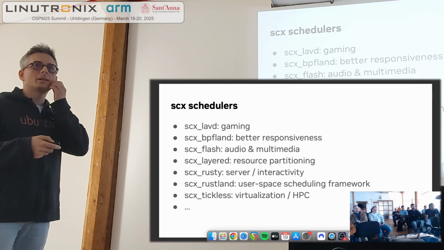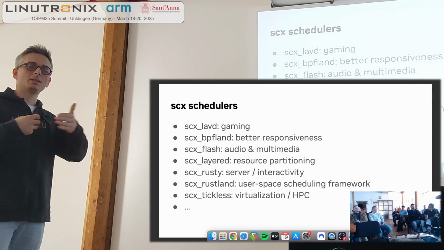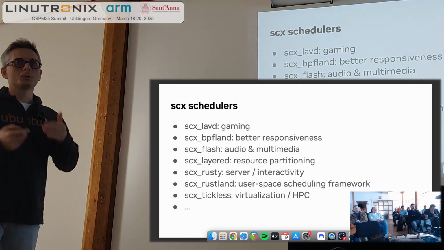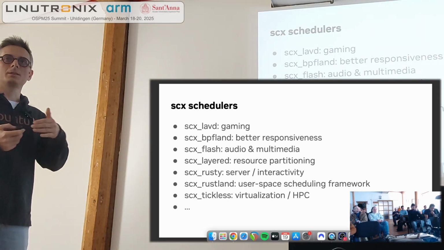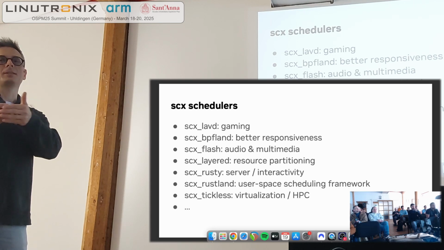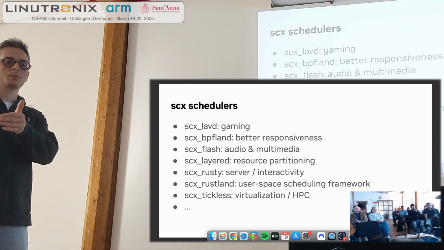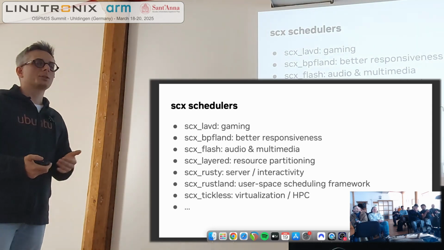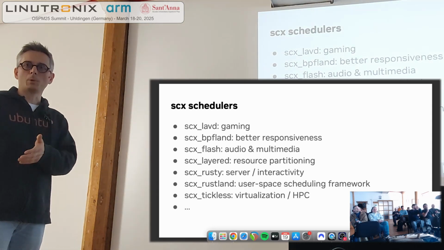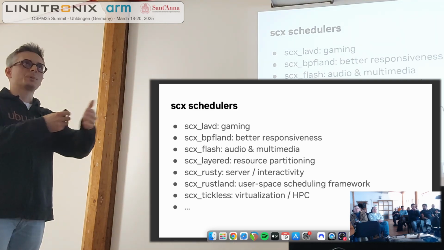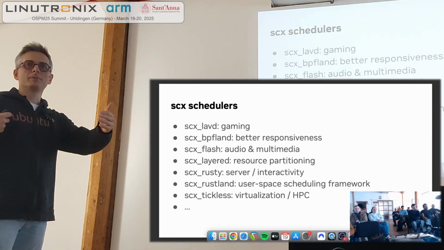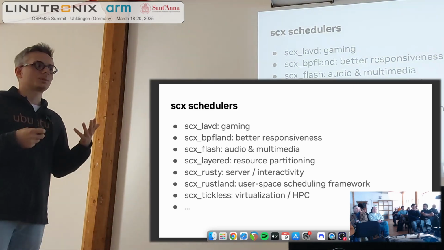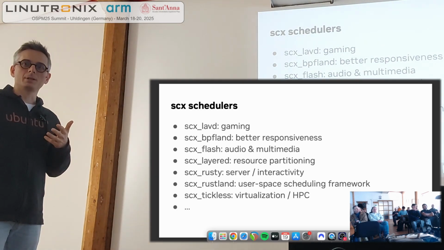Repetition, you mean they're sharing code, or they should be sharing code or something? Yeah. So we're trying to do a good job for the Rust part. If we see that there's a pattern where we're doing pretty much the same things, we try to move that into a Rust crate or a Rust library. We actually have a Rust crate called topology, where we abstract all the topology information: LLC, NUMA nodes, and we're starting to add the concept of preferred cores.